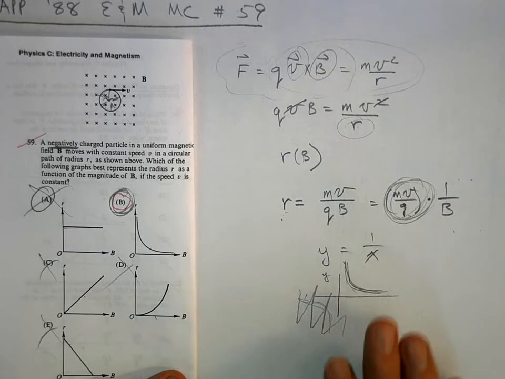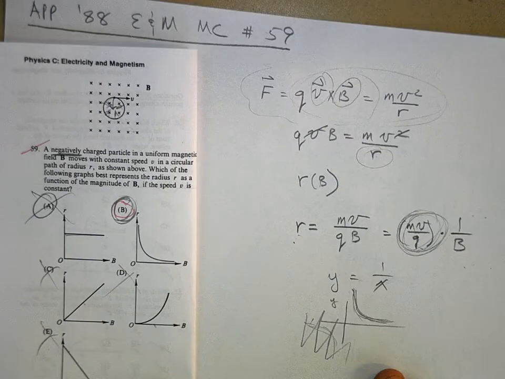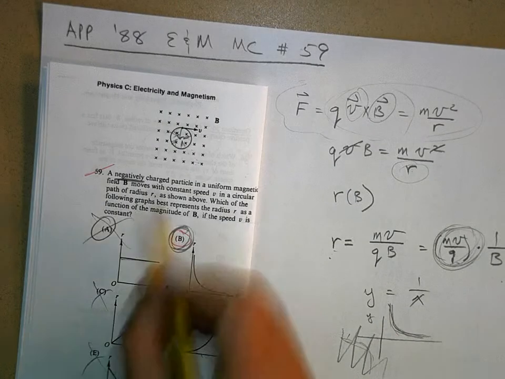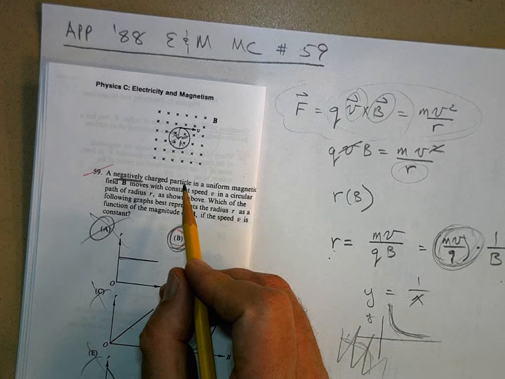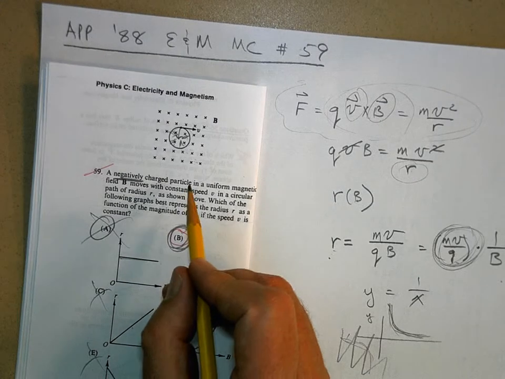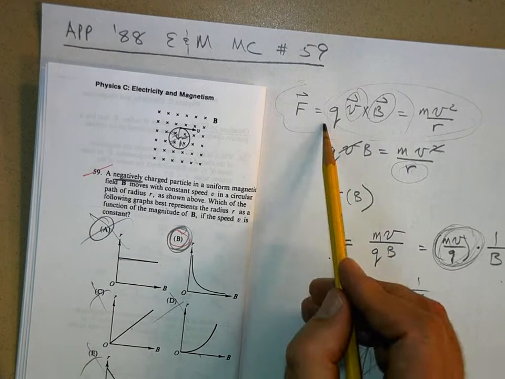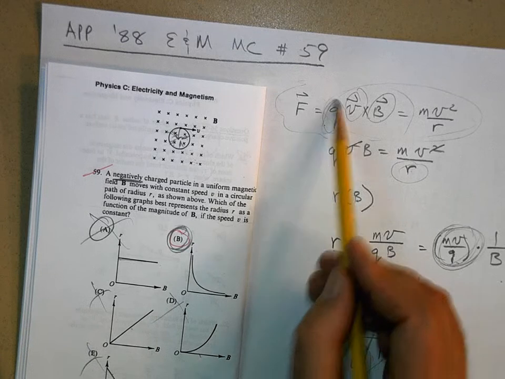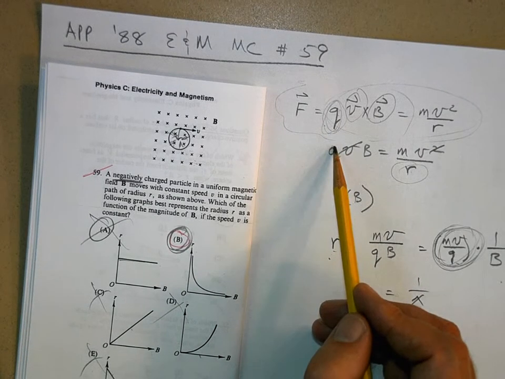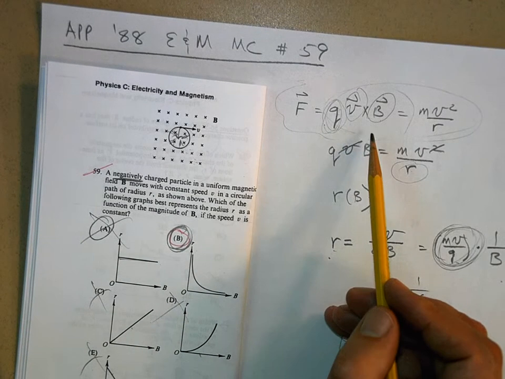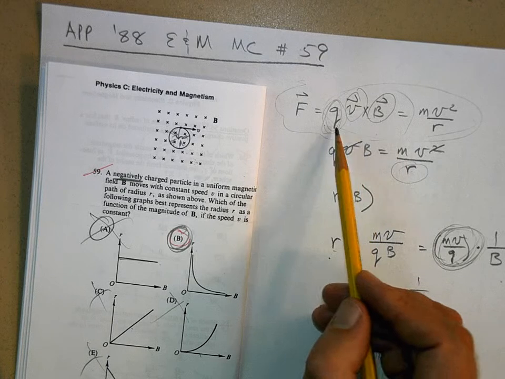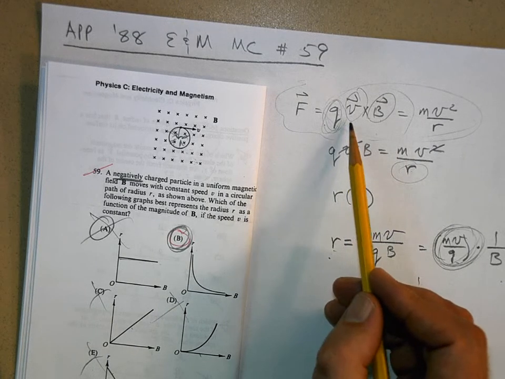Okay, so what are the big ideas here? Big ideas. A freely moving charged particle in a magnetic field. Well, the force on it is QV cross B. Remember, if they give you a negative charge, the force is just in the opposite direction from V crossed over to B. Right? Negative charge gives you a negative.